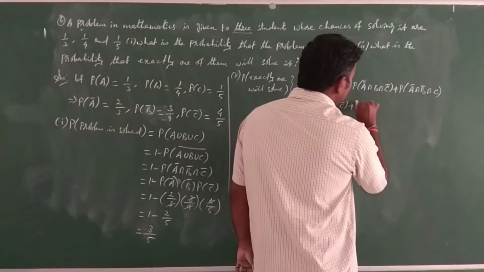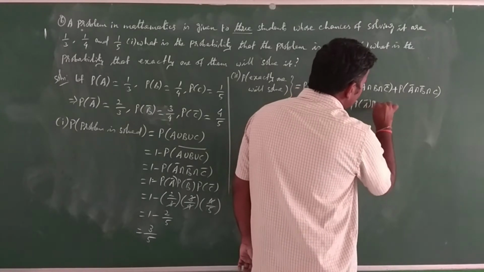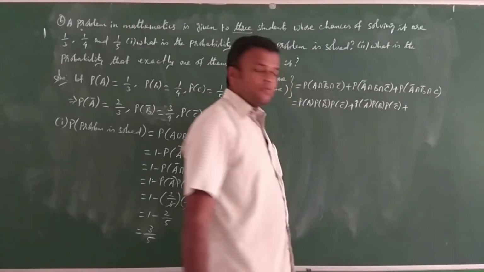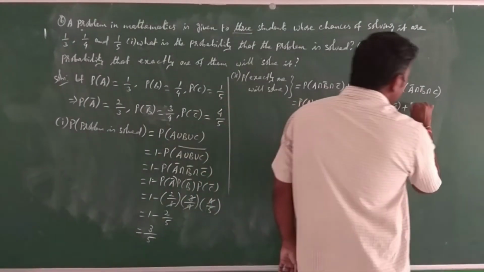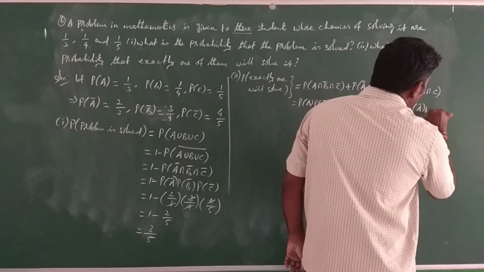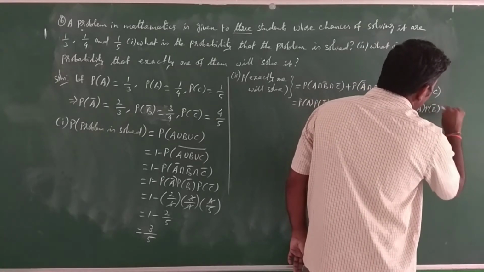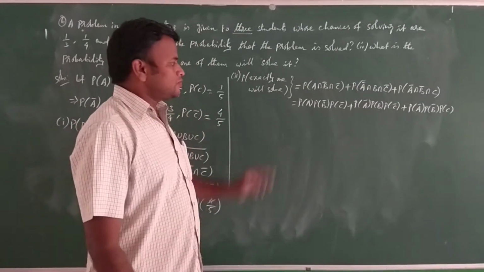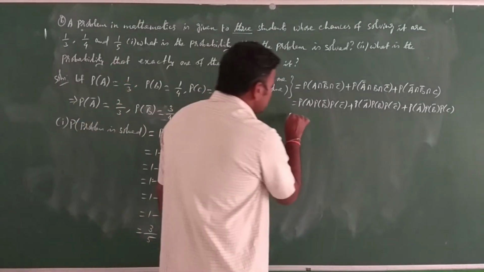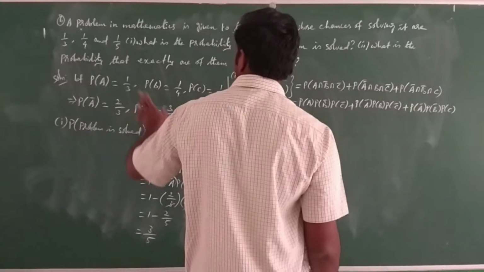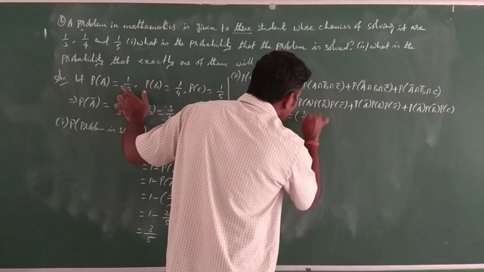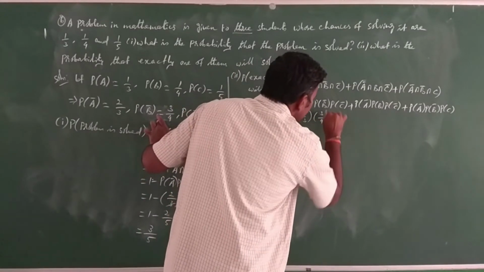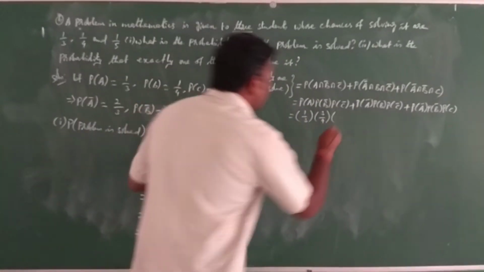Next one, P of A bar, P of B, and P of C bar. Last one, P of A bar, P of B bar, and P of C. Now we substitute the values. P of A is 1 by 3, P of B bar 3 by 4, P of C bar 4 by 5.